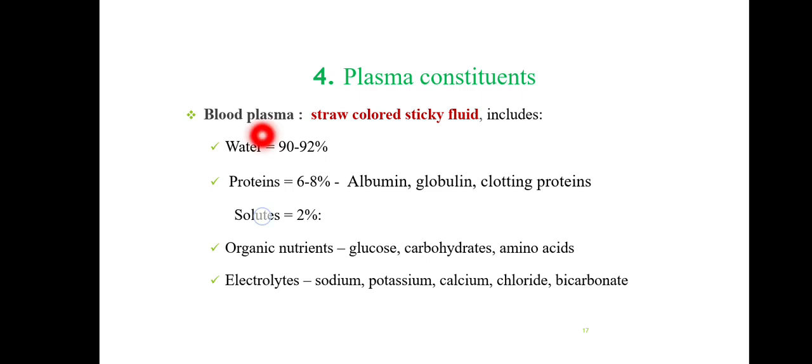When you're talking about proteins, make sure that you also mention albumin, globulin, and clotting proteins, because they have their own notes ahead as we go on. Apart from that, we also have some organic nutrients, in a lower percentage, like glucose, carbohydrates, and amino acids. And then we also have electrolytes like sodium, potassium, calcium, chloride, and bicarbonate.